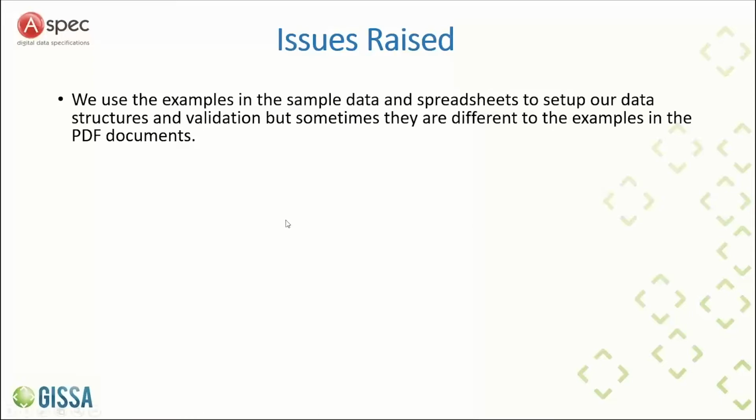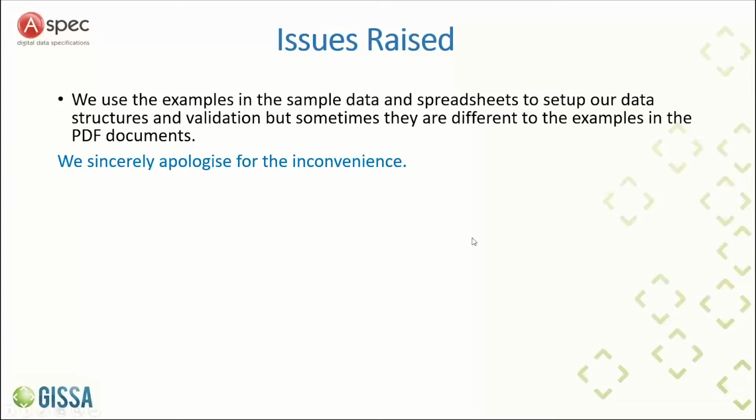And here's another example. We use the examples in the sample data and spreadsheets to set up our data structures, but they're different to the examples in the PDF documents. Yes, we did notice that we spent so much time updating our PDF documents that we didn't actually modify the correct example. And look, we really apologise for the inconvenience.